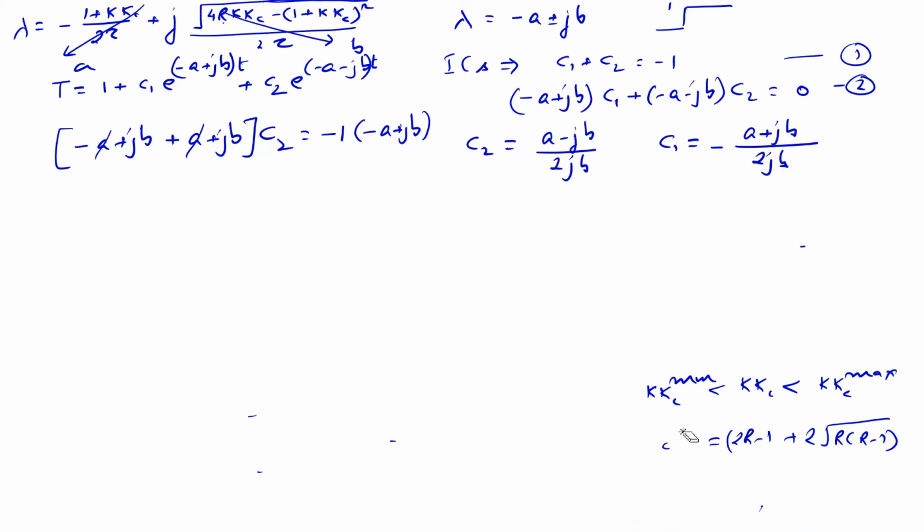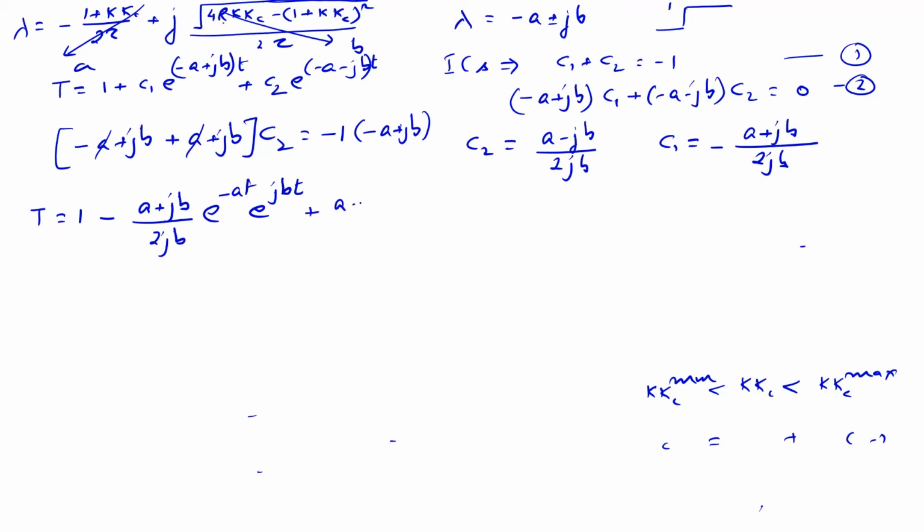If you do that, what you will get is T is equal to 1 minus (a plus jb) divided by 2jb times e to the power minus at times e to the power jbt, plus (a minus jb) divided by 2jb times e to the power minus at times e to the power minus jbt. This is what we get.